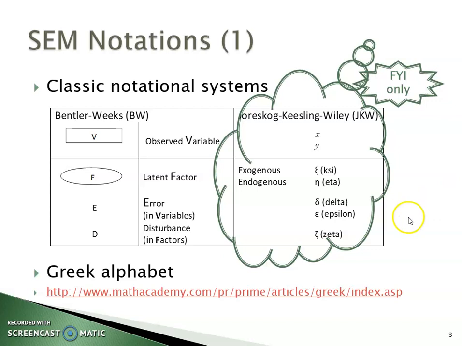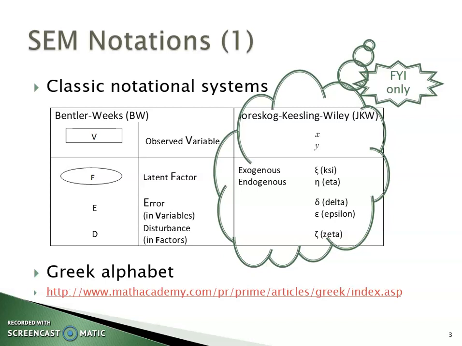Before we move on to the example, I just want to briefly mention the JKW system. They are the people who first invented SEM as a statistical procedure. They have their own system that has become obsolete at this point because they use the Greek alphabet, and sometimes that's not only confusing, it's intimidating to people.